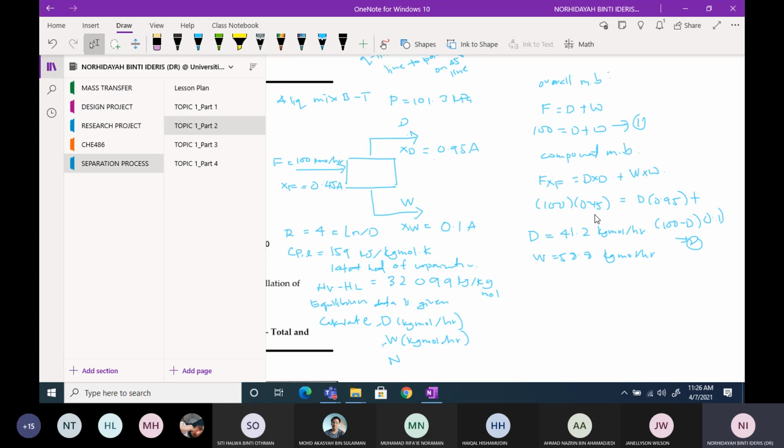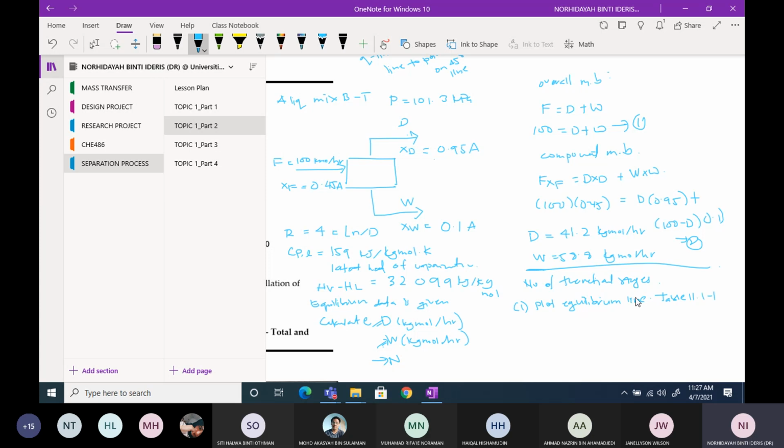Now you have done with D and W. So right now we want to focus on how to calculate the number of theoretical stages. In order for you to calculate the number of theoretical stages, the first thing is that you need to plot an equilibrium line. How you're going to plot it is by looking at table 11.1-1.